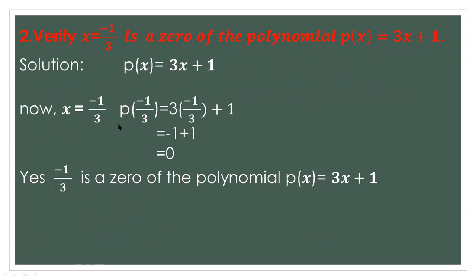Then p of -1 by 3 is equal to 3 into -1 by 3 plus 1. Now 3 gets cancelled here. -1 plus 1 becomes 0. So your polynomial becomes 0 when we are replacing x by -1 by 3. Hence, -1 by 3 is a zero of the polynomial p of x is equal to 3x plus 1.